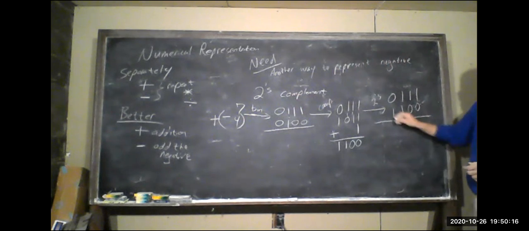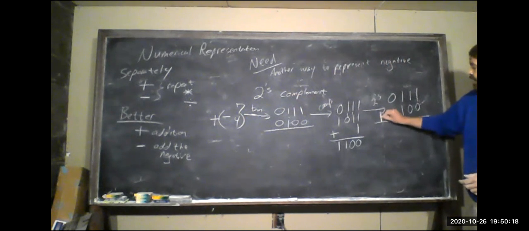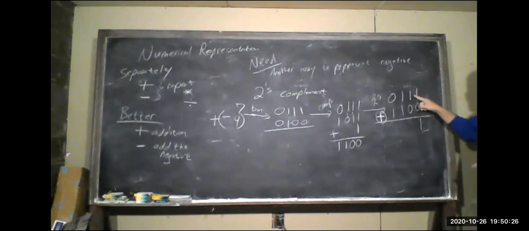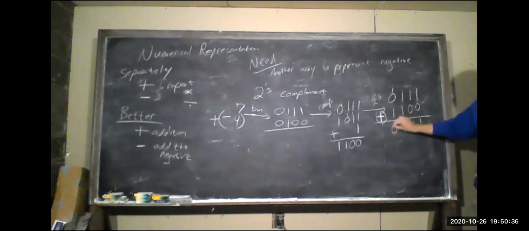And now we can do our same operation, just that add operation, to get the result. So 1 plus 0 would be 1. 1 plus 0 is a 1. 1 plus 1 is a 0. We carry a 1. 1 plus 1 is a 0.